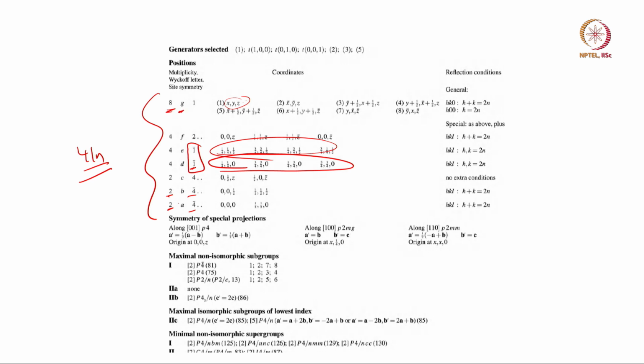Okay. So by virtue of the 4 by N symmetry I have 0 0 0 which is identical to half half 0, right. So whether I say 0 0 0 or whether I say half half 0, it is exactly the same in this space group, in this crystal with such a space group. Okay. So yeah, that's what this is.